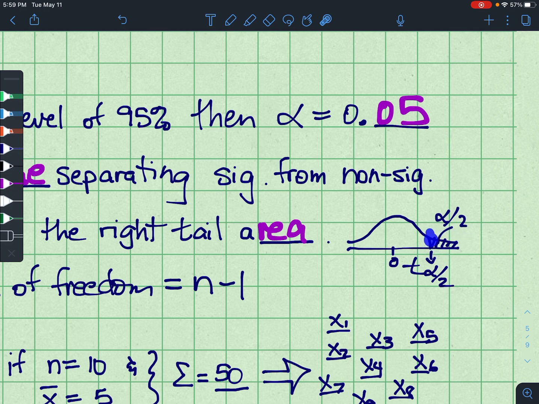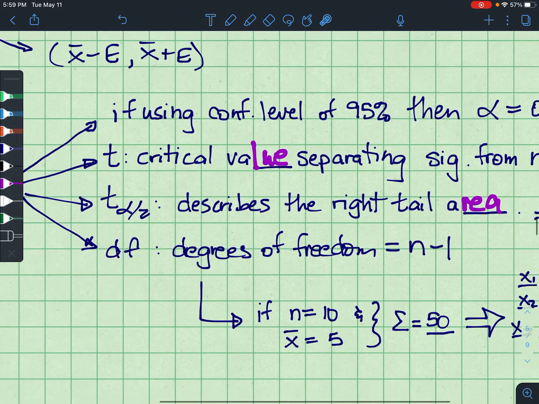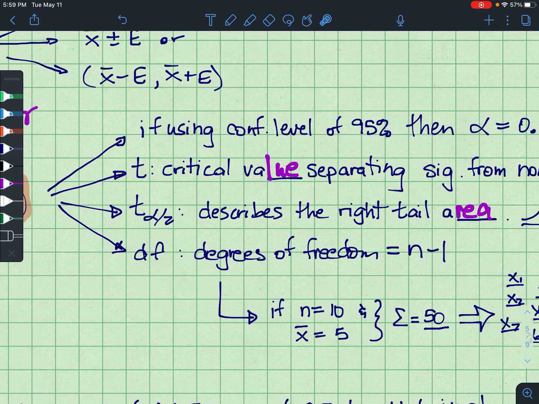And here is the critical value t sub alpha over 2. One thing we need to pay attention to is degrees of freedom in our equations. In this case, n minus 1, one less than the number of items, is going to determine our degrees of freedom.